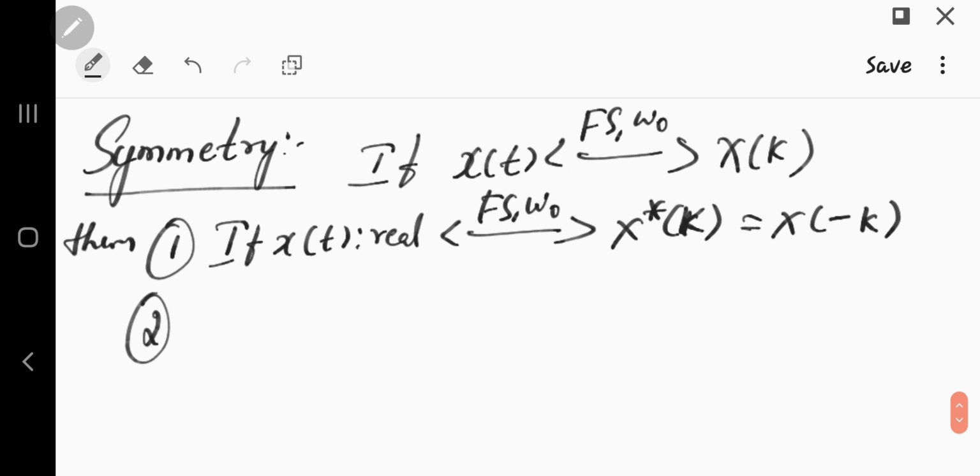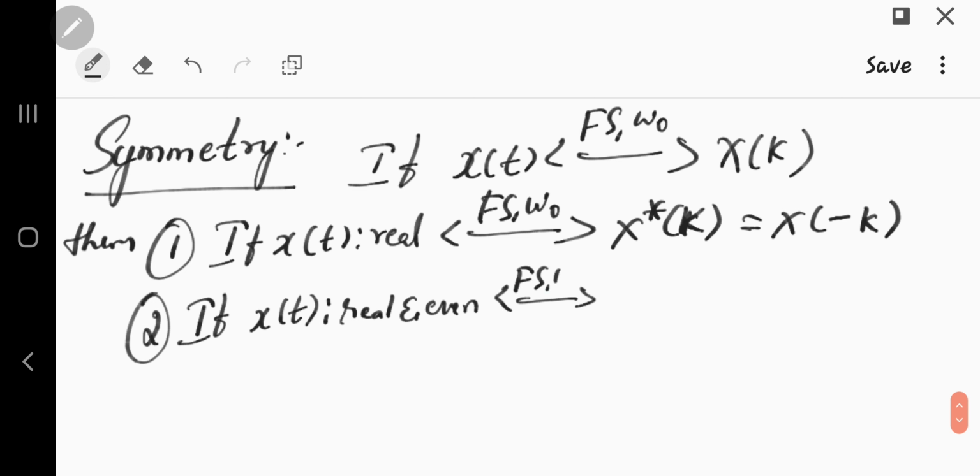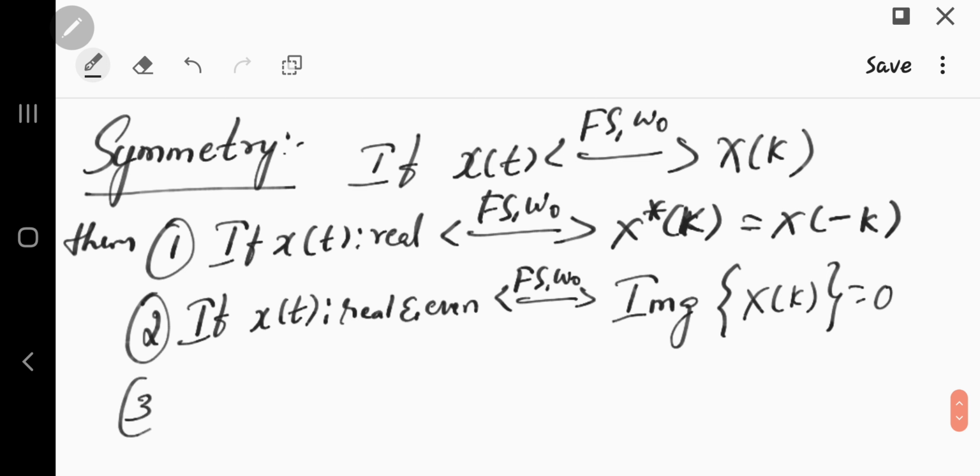Next, if x of t is a real and even signal, then the Fourier series of this will be only real, that is, the imaginary part will be equal to 0.